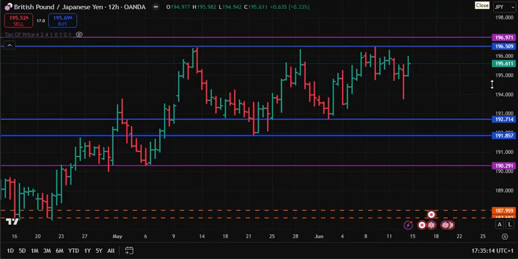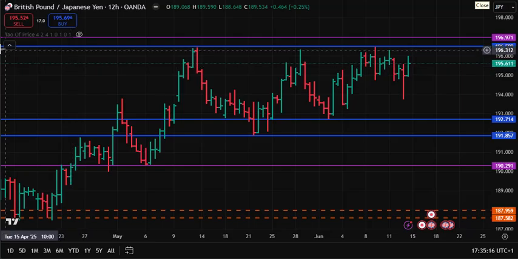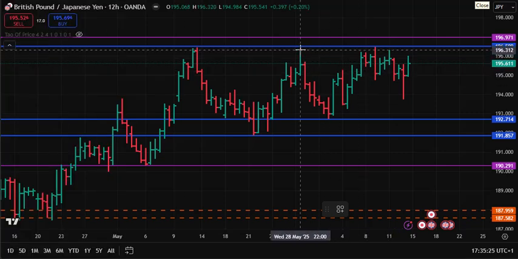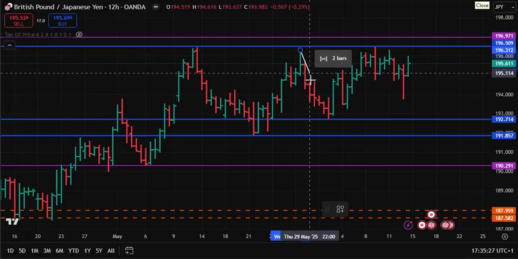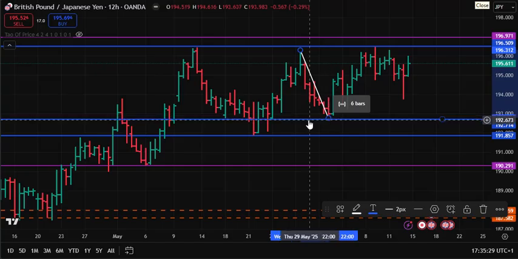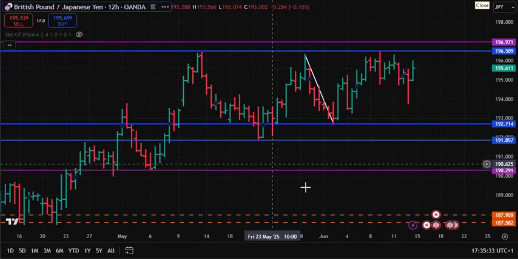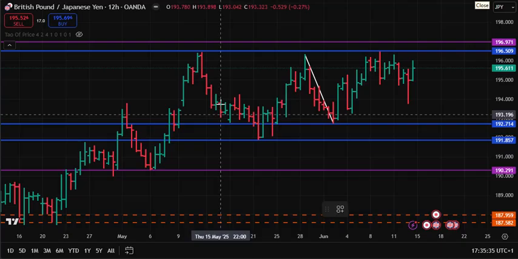Now, sterling yen for the upcoming week. If we just look at this market, we've got this peak to valley right there, and we've got the deeper peak to valley right here.